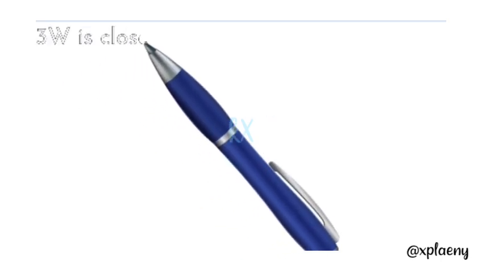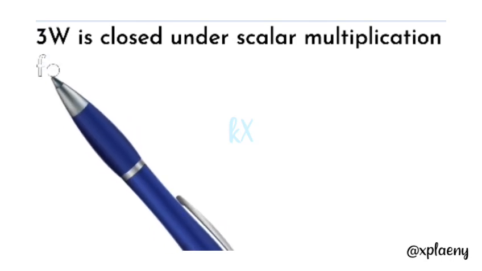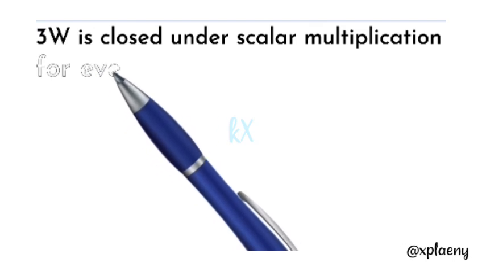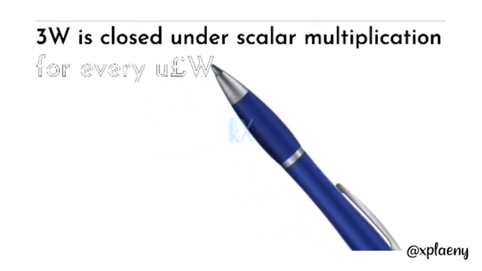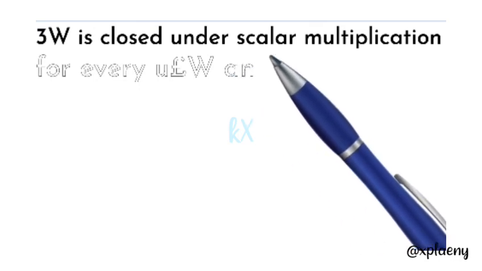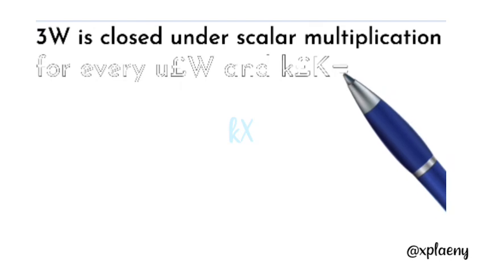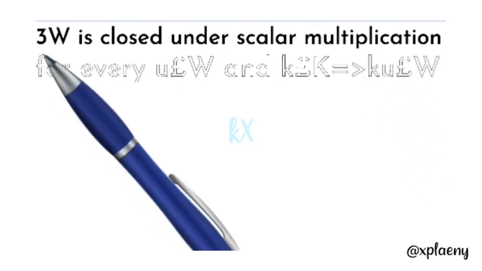So let's proceed. The third one is that it is closed under scalar multiplication. Since we are talking about scalars now, you need to bear in mind that the layman's understanding of scalar multiplication is that it is only magnitude, it does not have direction. That is, it operates linearly. Scalars are not gotten from plotting a graph.